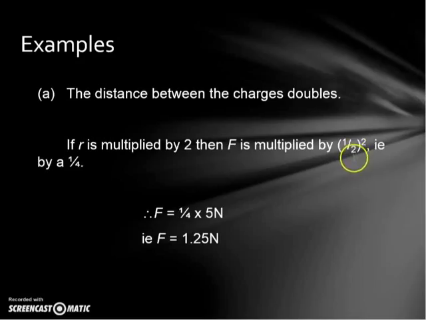So if 2 goes on the bottom, it ends up being 1 over 2, or if it was 4, it'd be 1 over 4, and then all of that gets squared. So 1/2 squared, if you put that in your calculator, will give you 1/4. If you're not really good at fractions and need to put it in your calculator, that's absolutely fine. So we know that the force is then times by 1/4. So 1/4 times our original force of 5 newtons will give us 1.25 newtons.